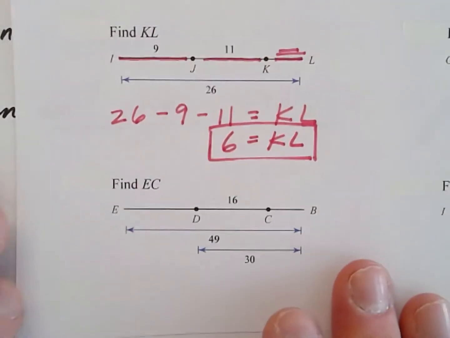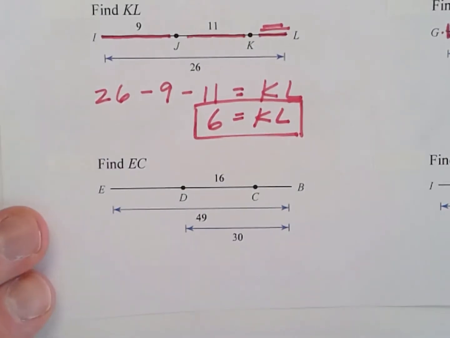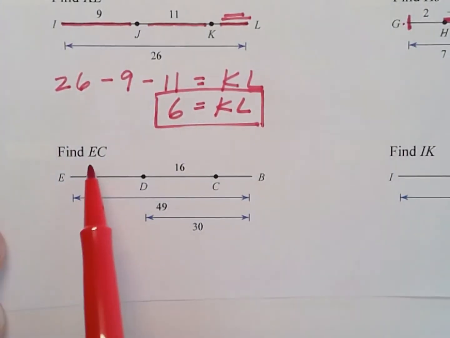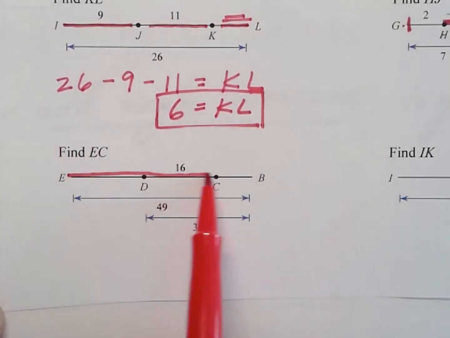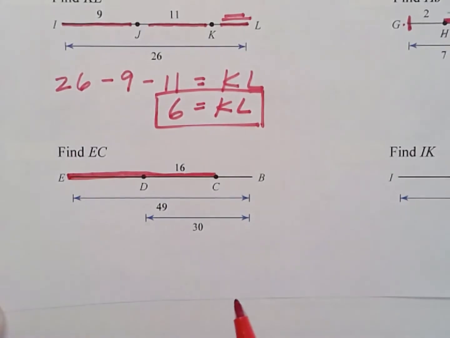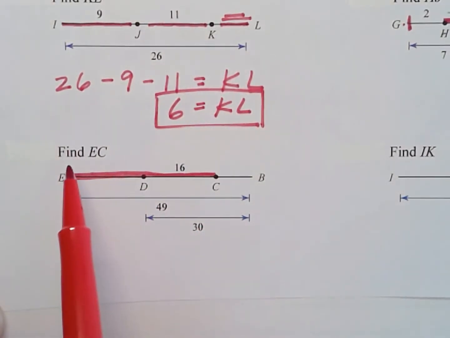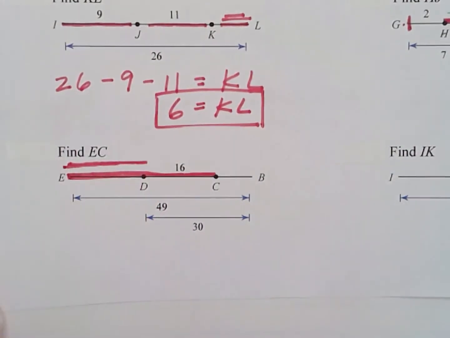You really just have to look at these on a case-by-case basis and figure out what the best way to solve them is. Okay? So here we want to find EC. So EC is this whole thing right there, from E to C. I already know 16, so I need to just figure out what this bit right here is, because then I can just add 16 to it and I'll have the answer.